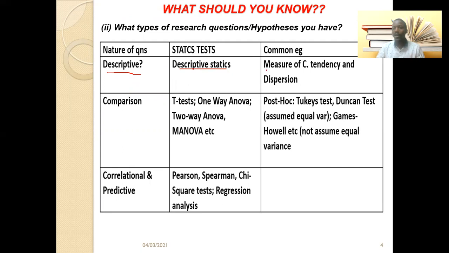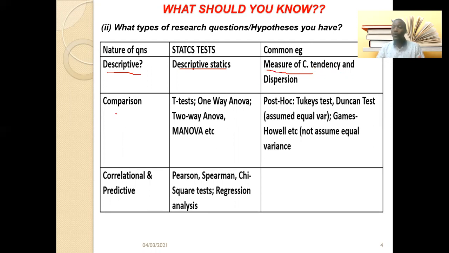As I said, you're going to look for the measure of central tendency and the measure of dispersion. You're going to speak about the mean, standard error, standard deviation, the variance, coefficient of variation, the quartile range, the normal range, CVs, and other measures that are within either the measure of central tendency or the measure of dispersion.